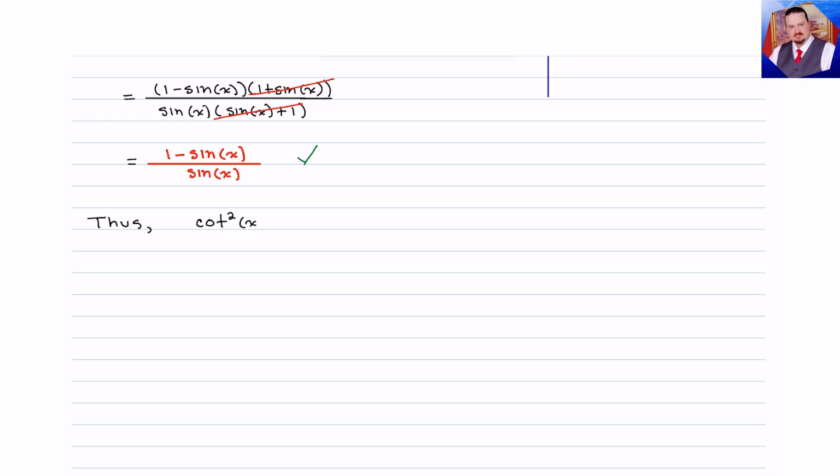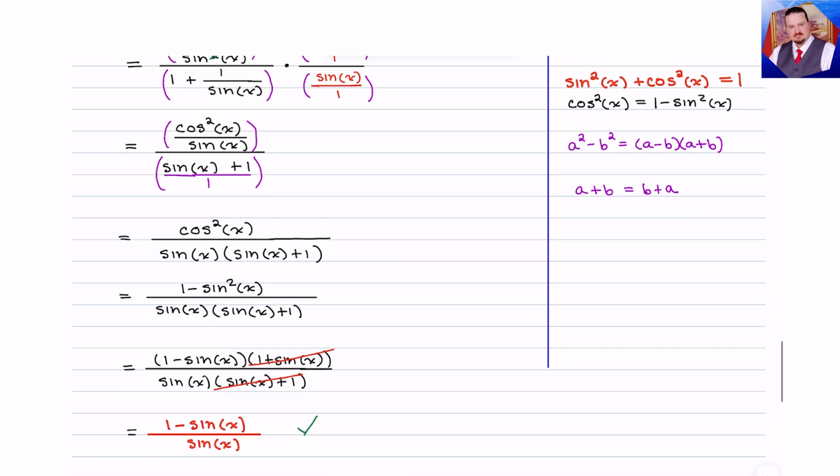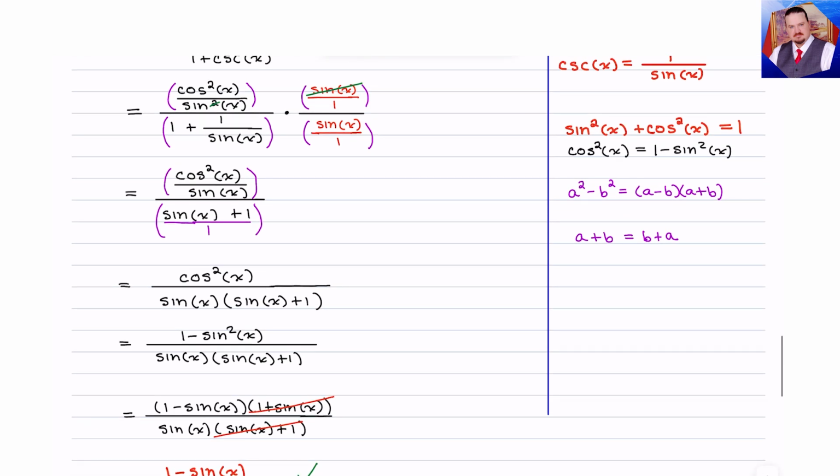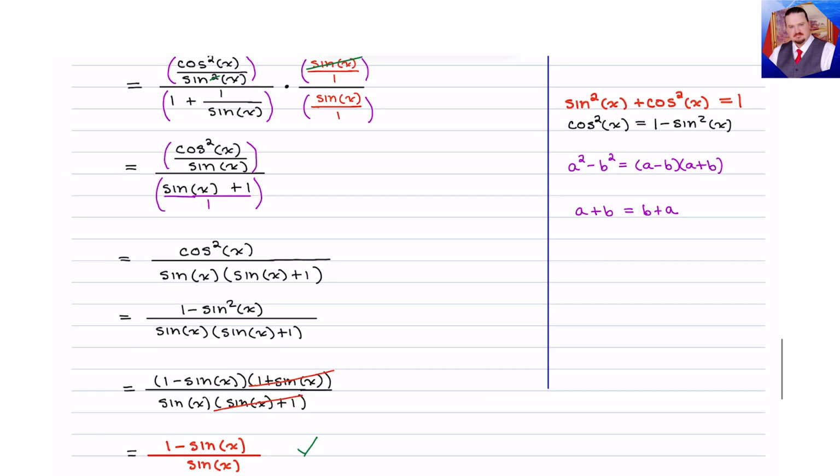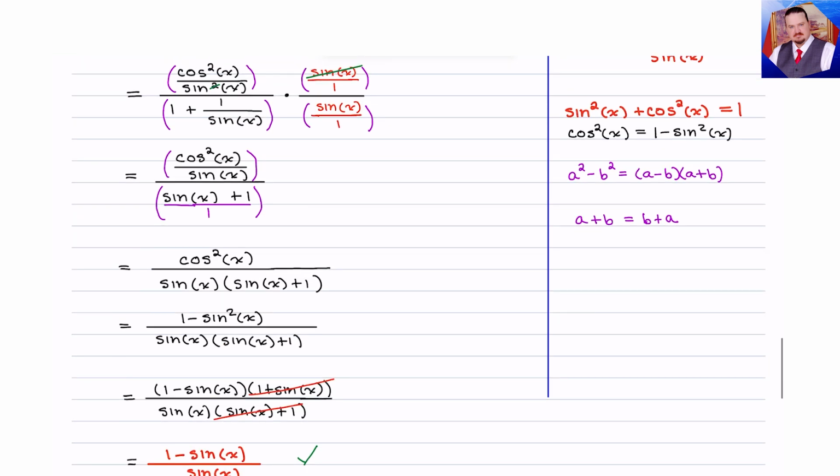Cotangent squared x over 1 plus cosecant x was what I ended with, which was 1 minus sine x over sine x. And again, we could have chosen to work on the right-hand side as opposed to the left-hand side, but that would have been more difficult to do.